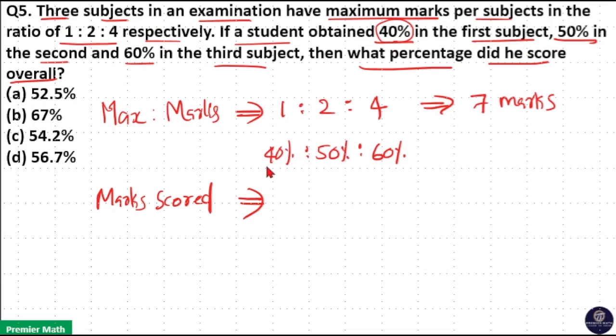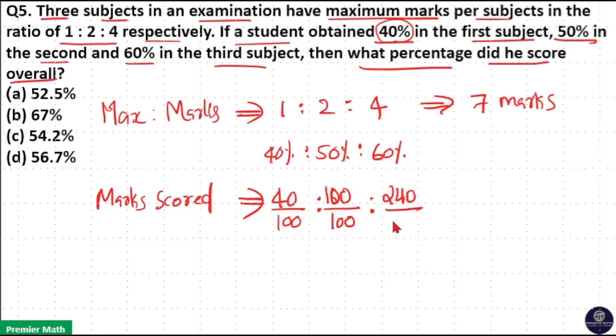Maximum mark is 1. 40 into 1, 40%. That is 40 by 100. Again, in the second subject, he scored 50% into 2. That is 100%, 100 by 100. Again, in the third subject, he scored 60 into 4. That is equal to 240%.